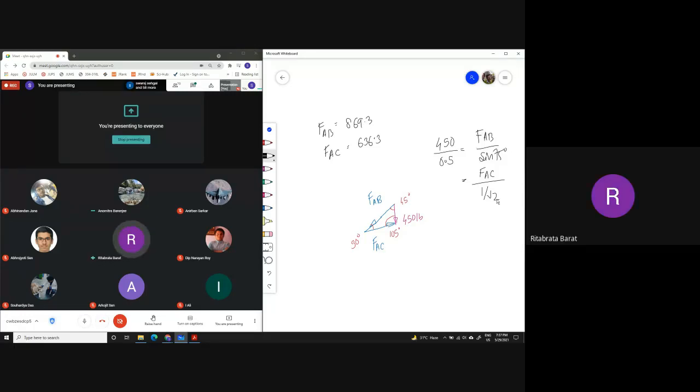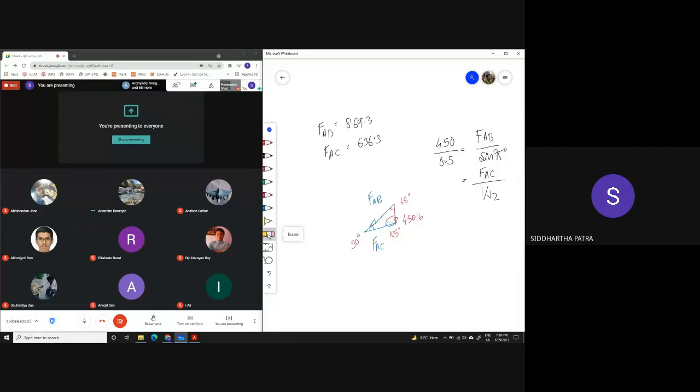I made a mistake with the arrows. It's coming out to be that way. So 75 or 105? Same, right? Sine 105 is sine 75, right? Oh, yes. Okay.